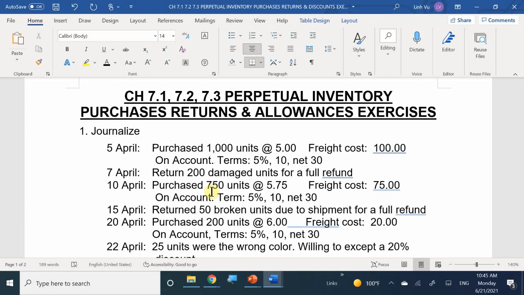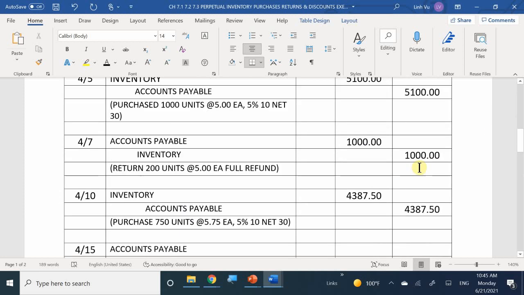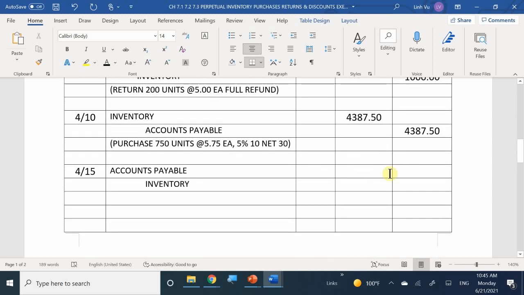Let's do it again. 50 times 5.75 is 287.50, yes. So we are going to be refunding $287.50.